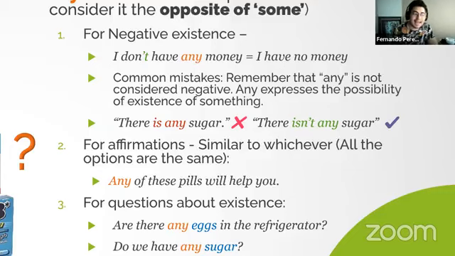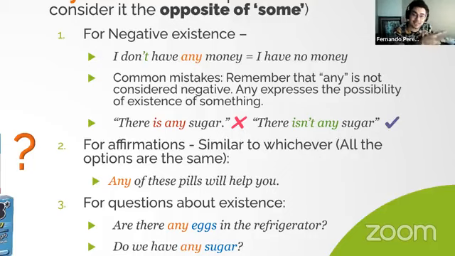If you say, I don't have no money, this is redundant. It's a double negative. And negative and negative is positive. So I don't have no money equals I have money, you know? Be careful with the double negative in English.